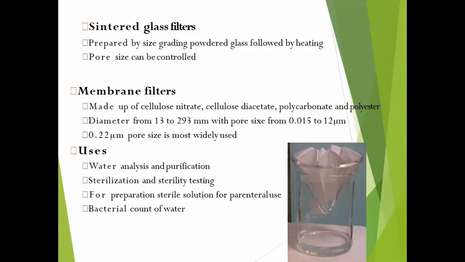The 0.22 micrometer pore size is most widely used. Uses: number one, water analysis and purification; number two, sterilization and sterility testing; number three, preparation of sterile solution for parenteral use; number four, bacterial count of water. Hopefully we understand. We also see the picture.